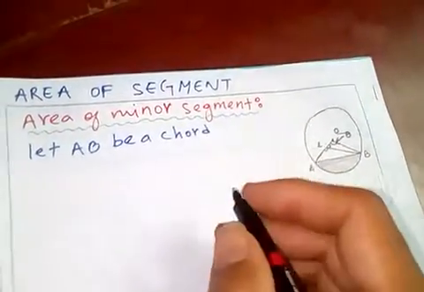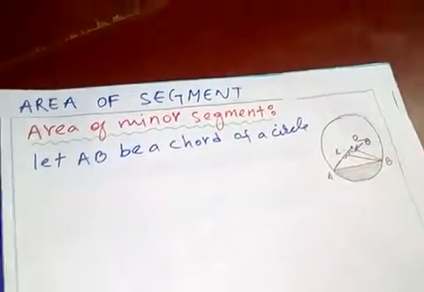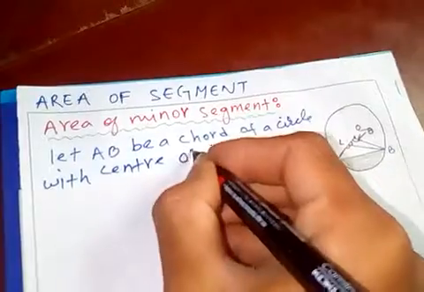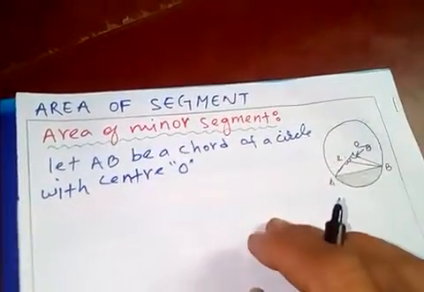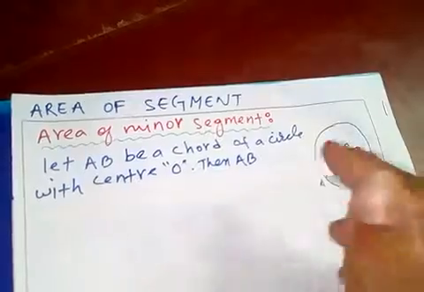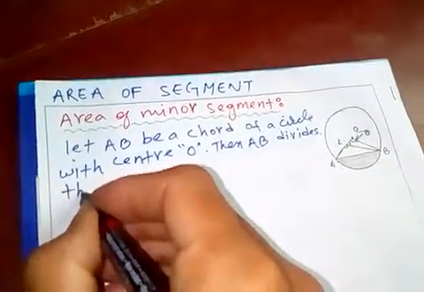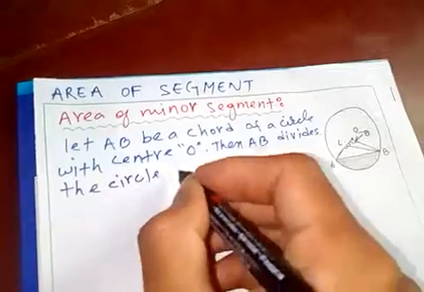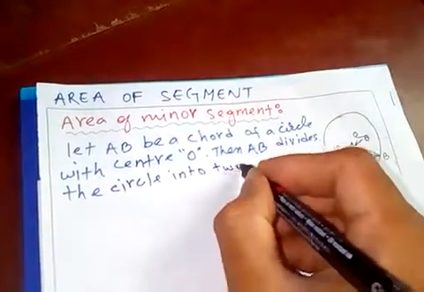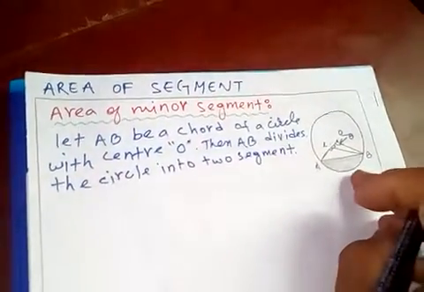So this we call a chord of a circle with center O. This is the center O. Then this chord AB of the circle divides the circle into two segments.